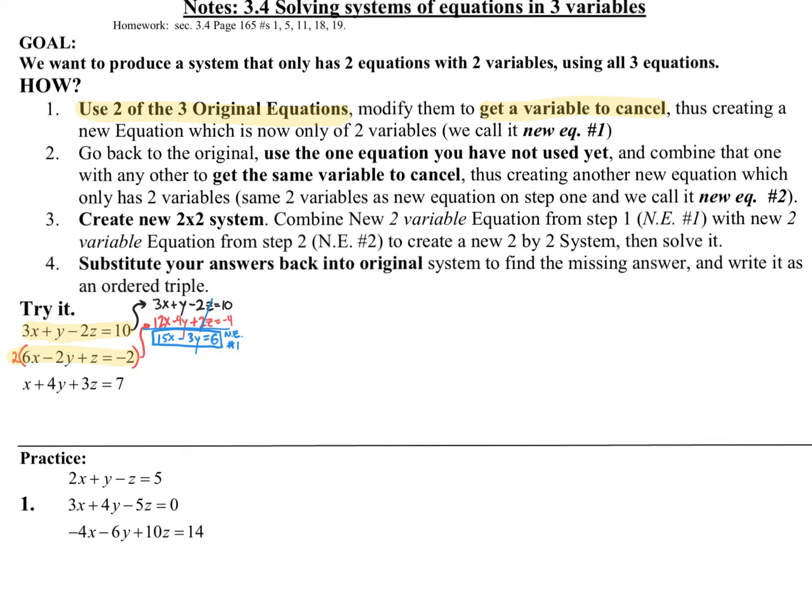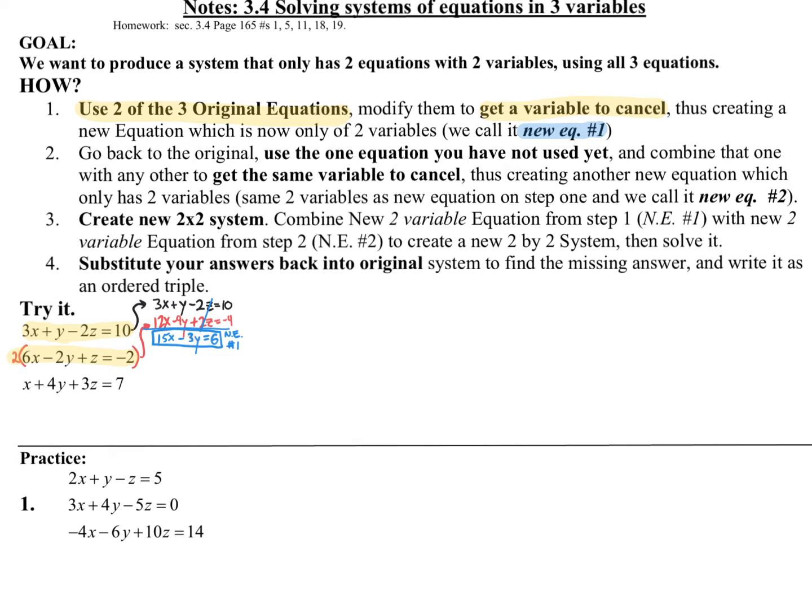Now you could have chosen to cancel out x's or y's, whatever you want, right? There's like 1,000 different ways of solving this problem. But we got the z's to cancel, and we ended up producing a new equation that only has 2 variables. We call it new equation number 1. So I want to highlight this also. That's the goal of step 1, to create this new blue equation that only has 2 variables, x's and y's.